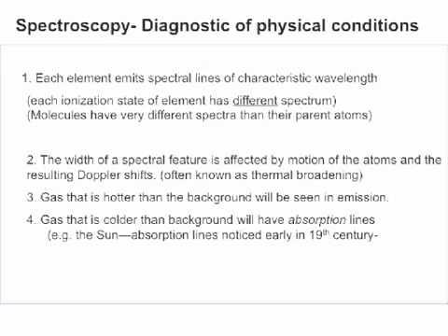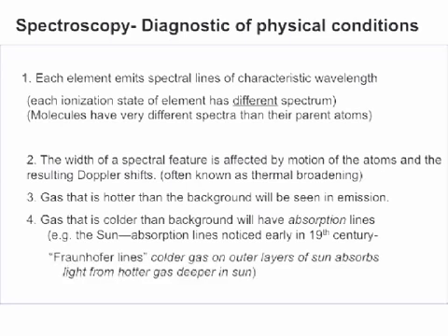Now, this cold gas need not be really cold. It only means that it's cold relative to the background object. For example, the background object might be 6,000 degrees Kelvin, and the foreground object may be 4,000 or 5,000 degrees Kelvin. By the definition of cold and hot, that is all you need to produce an absorption line.